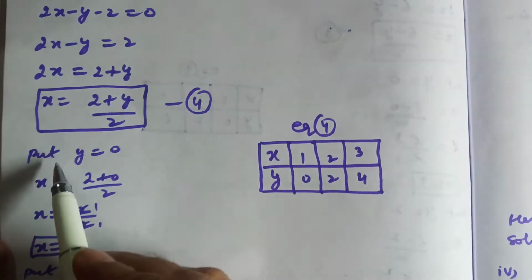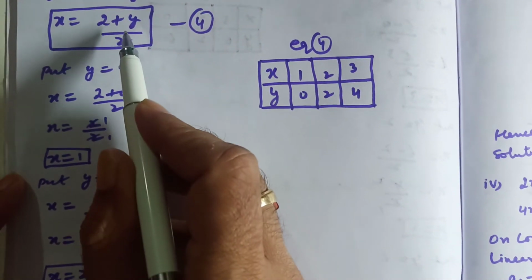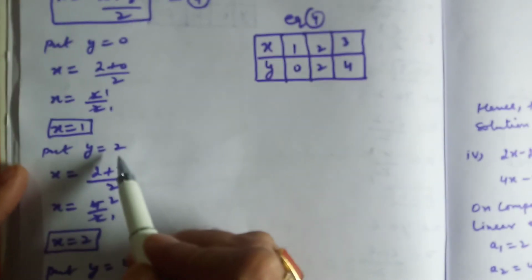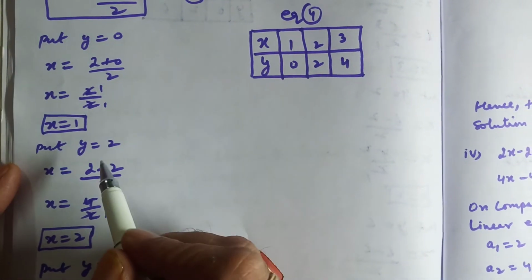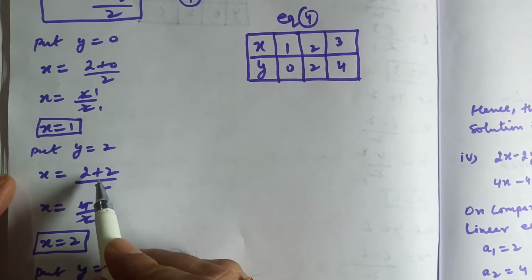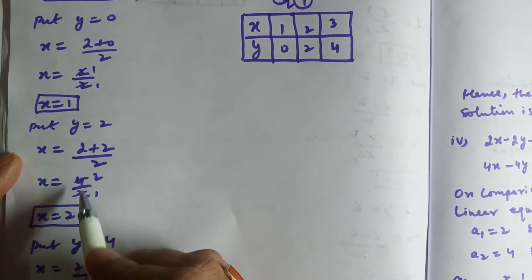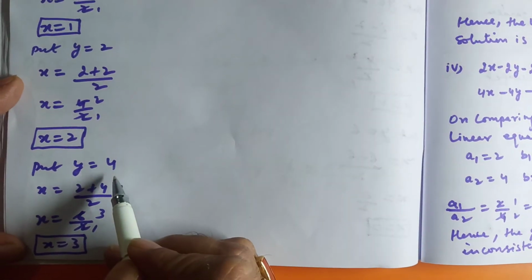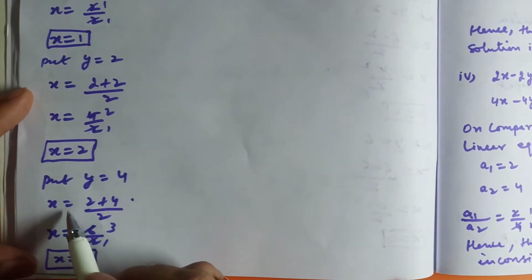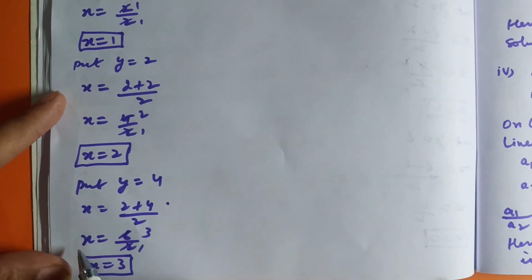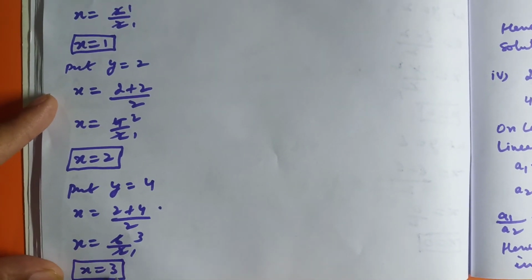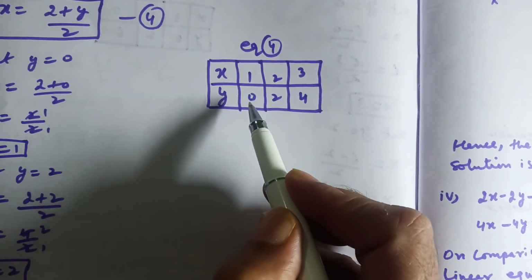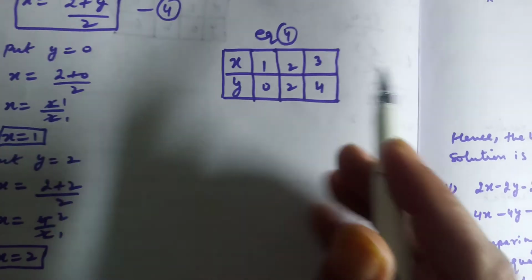Equation fourth: put the value of y as 0 in the fourth equation, x equal to 1. Put the value of y as 2 in the above equation, x equal to 2 plus 2 upon 2, x equal to 4 upon 2, x equal to 2. Put the value of y equal to 4 in equation fourth, x equal to 2 plus 4 upon 2, x equal to 6 upon 2, that is 3. The x and y coordinates are 1, 0; 2, 2; 3, 4.